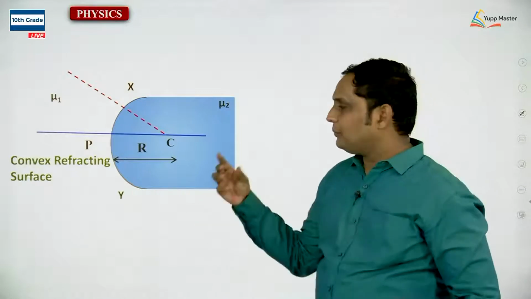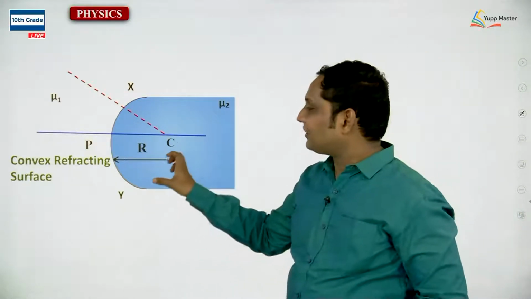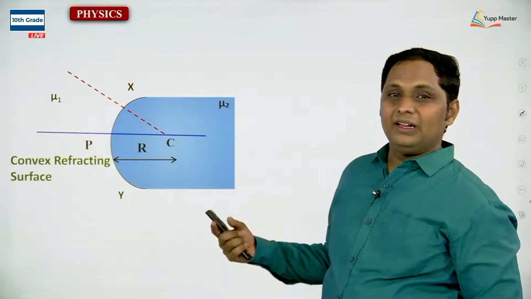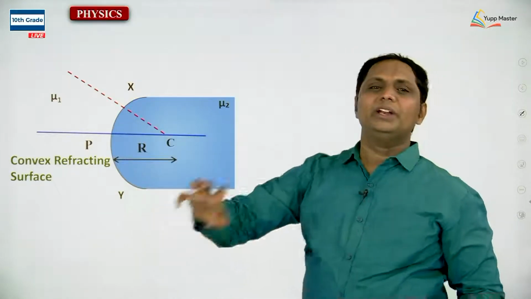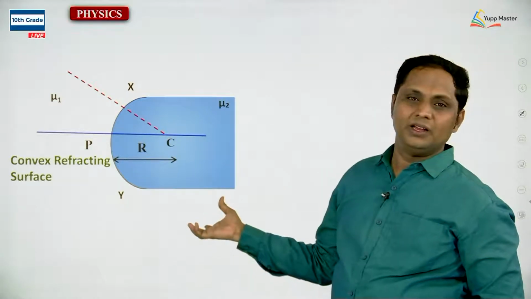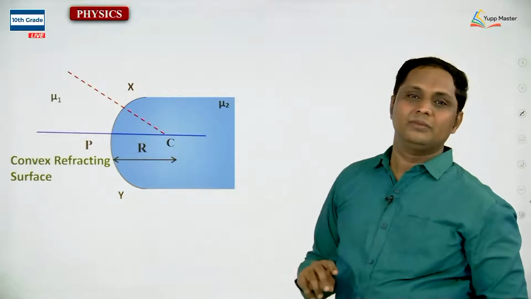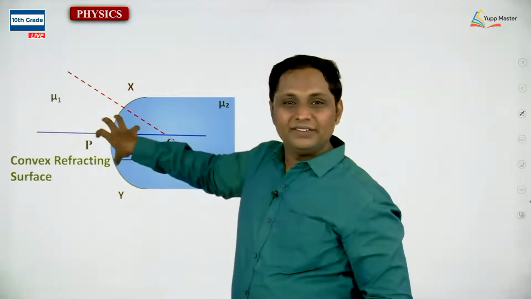Now here, what do you mean by a convex refracting surface? It is a curved refractive surface which separates the rarer and denser medium, and it is bulged at the center.